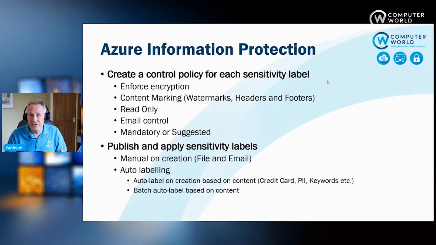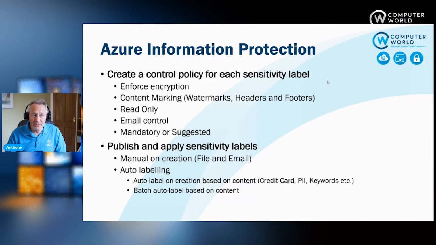If it was something more simple, like an internal classification for design documents, which may have a bit of IP in there, we may want to make sure that we've got content marking on those documents, but not control them as much as we would a highly confidential document.